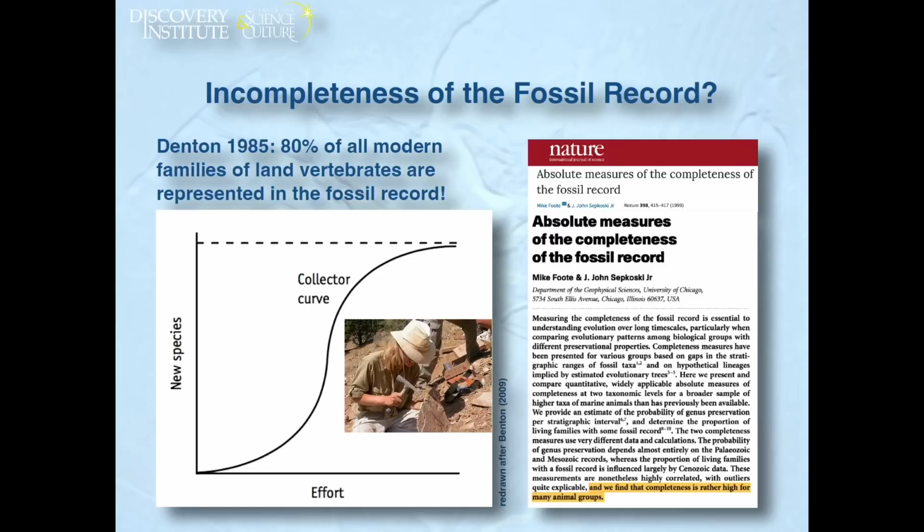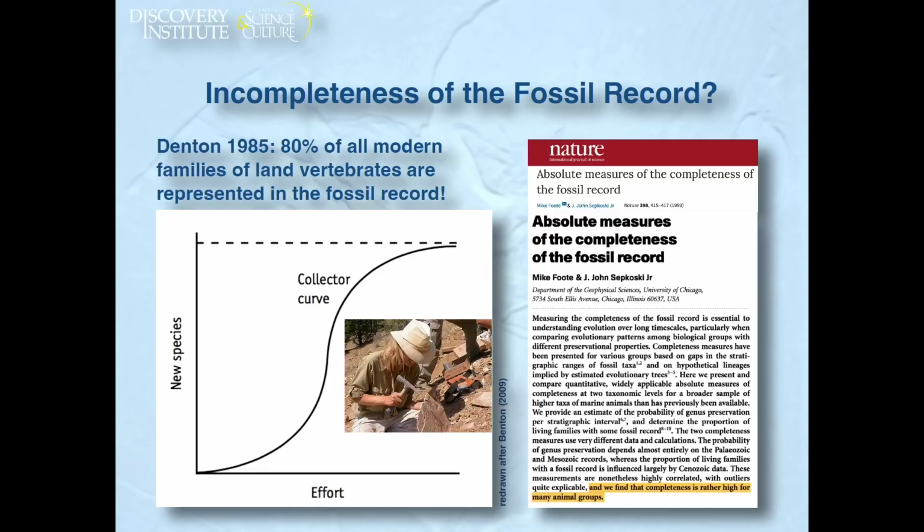So this very same principle is actually used by mainstream paleontology to test the completeness of the fossil record. And there it is called the collector curve. If you look at this illustration, you can imagine a visualization where you have an x-axis where you can plot the effort that you have to invest to find new fossils.